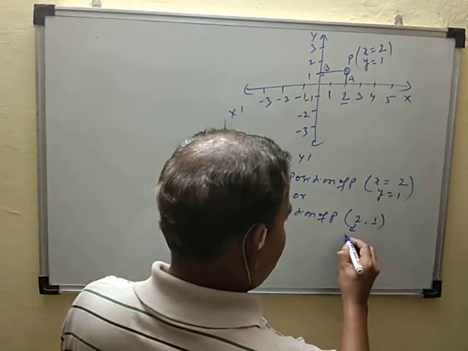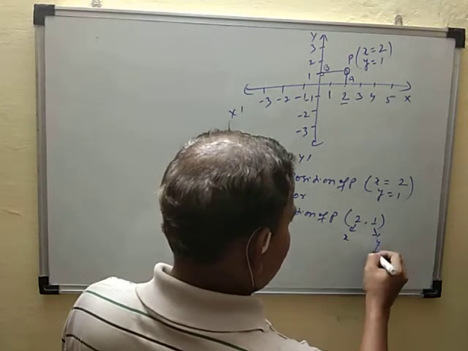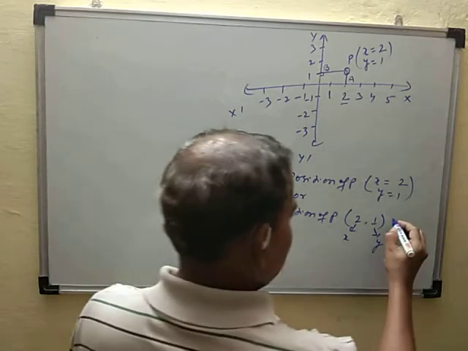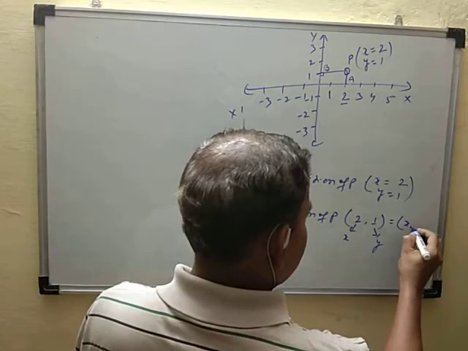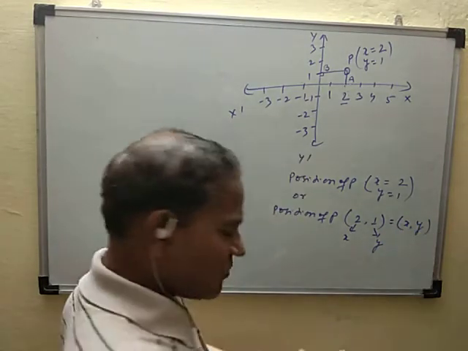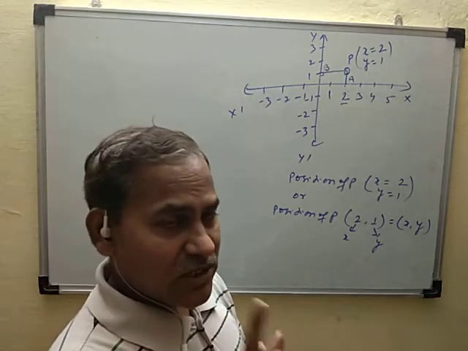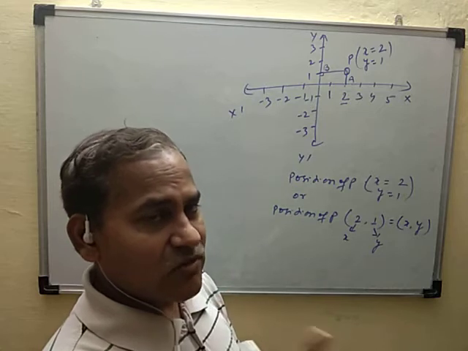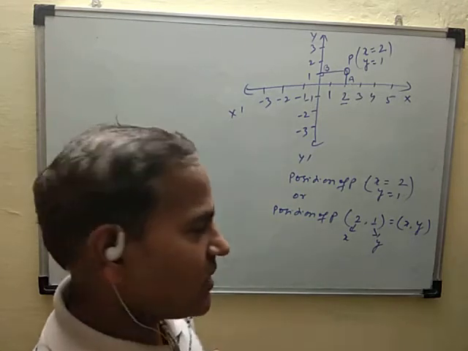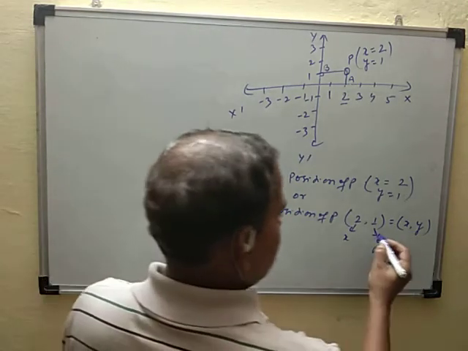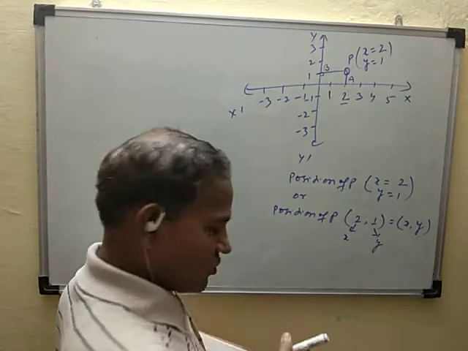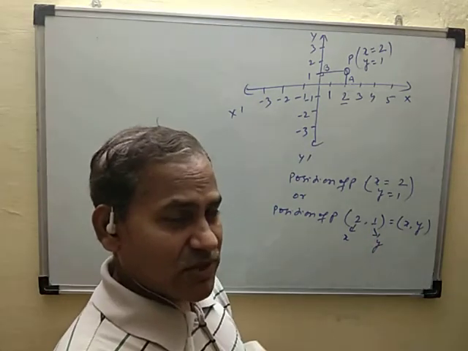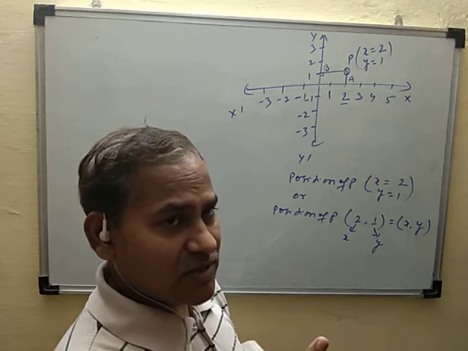This is the value of x and this is the value of y. So position can be written in xy form, that is, first write the value of x, then second write the value of y. Is this understood? Point (2, 1): first write the value of x, then the value of y.